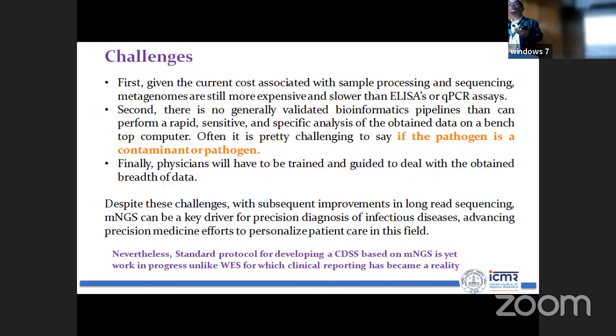Next, doctors also have to be aware about this, and they should be positive to use this. And next, as you know, the standard protocol for developing a clinical decision support system based on NGS is yet a work in progress, unlike whole exome sequencing.